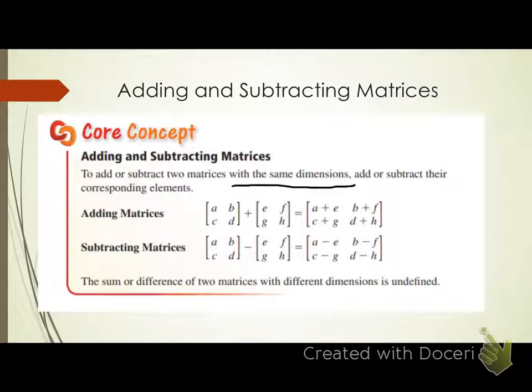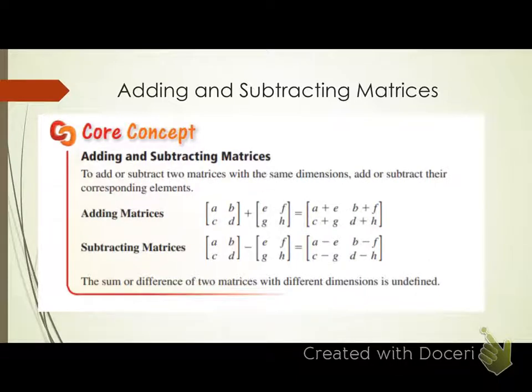So adding matrices is actually pretty easy. First off, they have to be the exact same dimensions. Second off, you just either add or subtract their corresponding elements. So for adding, you can see this example right here. I have A plus E over here. That's because A and E correspond with each other within their own matrix.